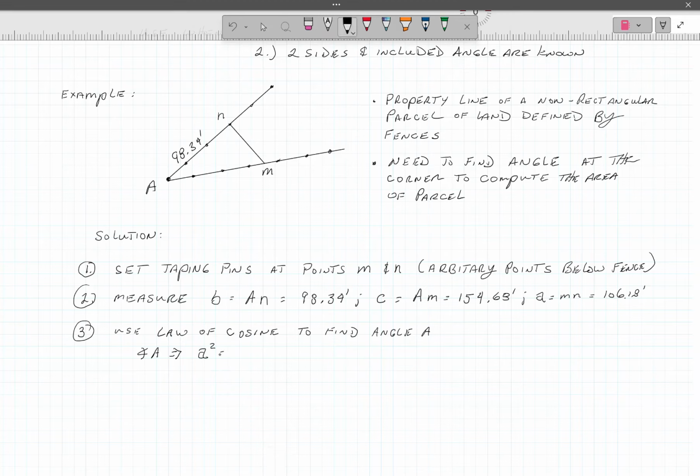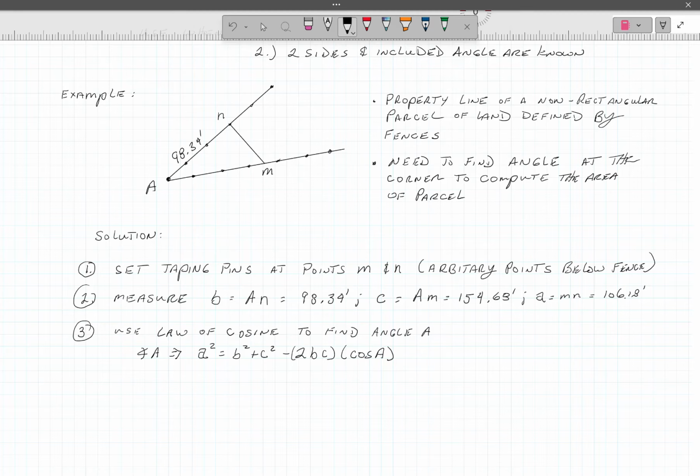A squared is equal to B squared plus C squared minus 2BC times the cosine of A.